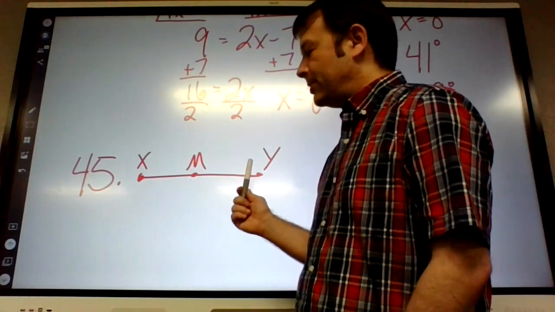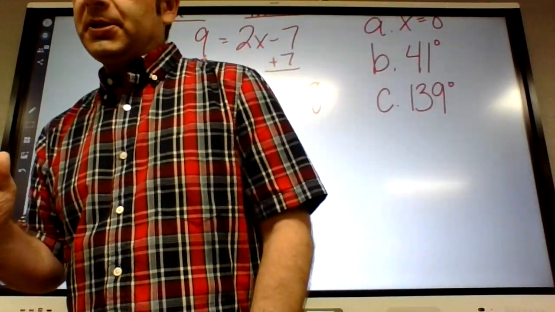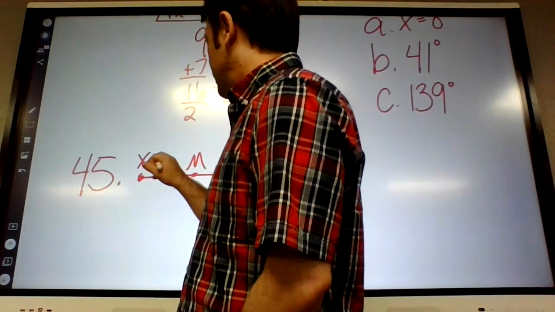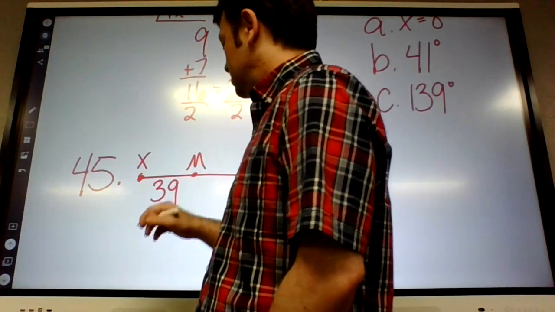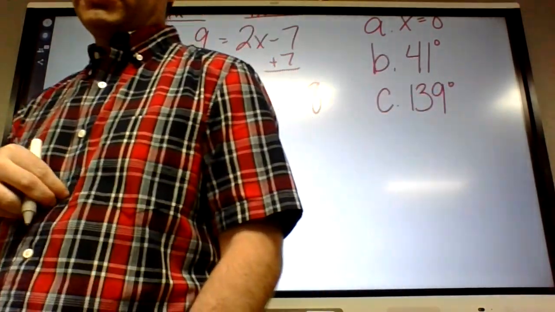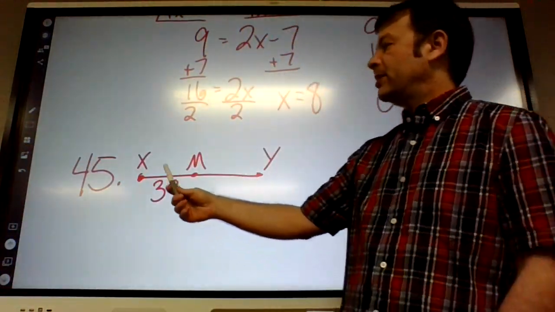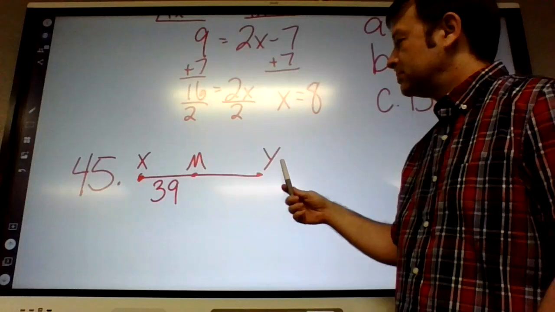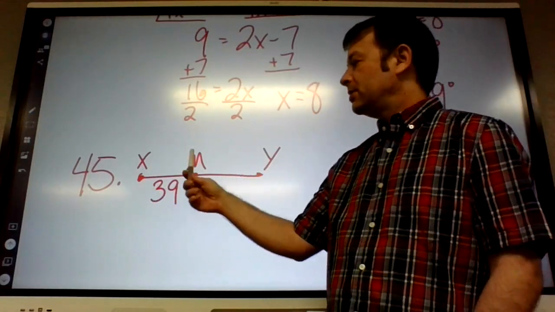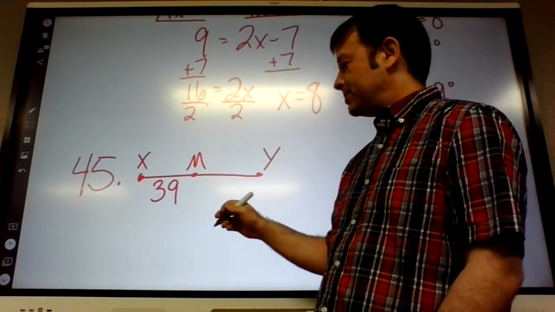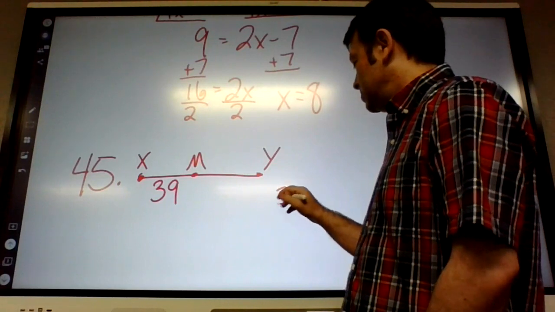XM equals MY, right? Okay, then it says XM is 39. So find XY. So how would we find XY? 39 times 2, 39 plus 39. 78.